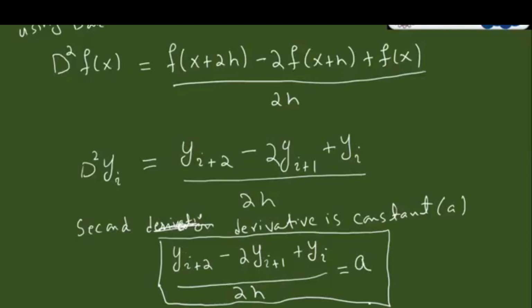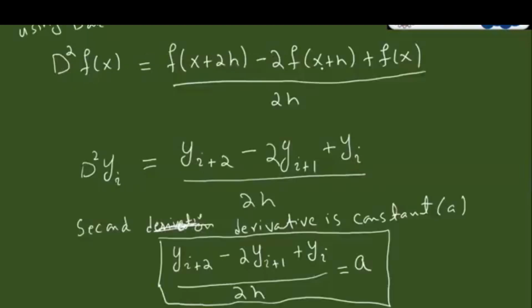If I try to solve it a little bit, what I can have here is yi plus 2 minus 2 times yi plus 1 plus yi equal to a h squared.